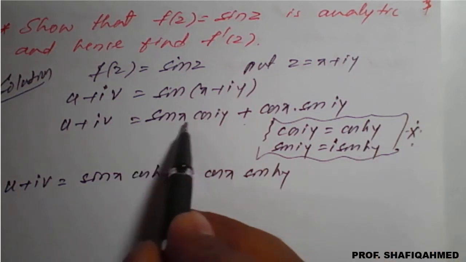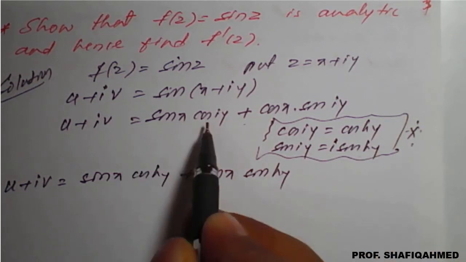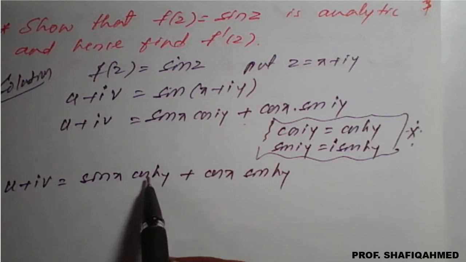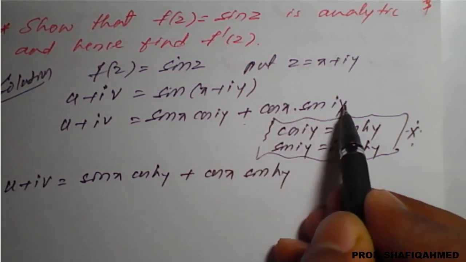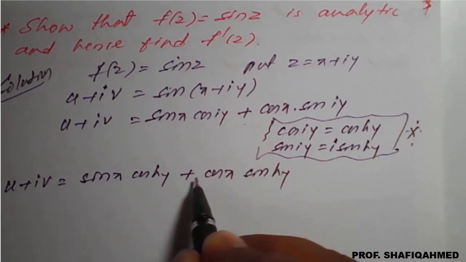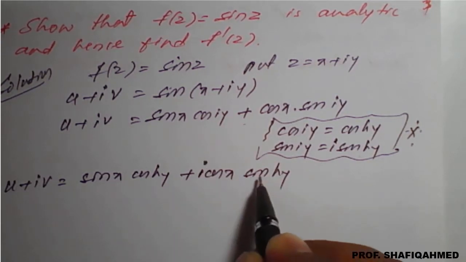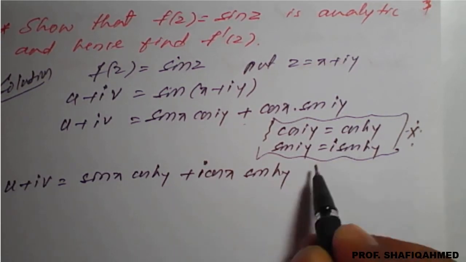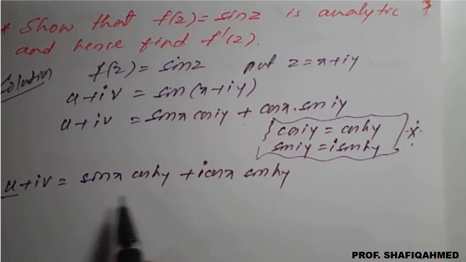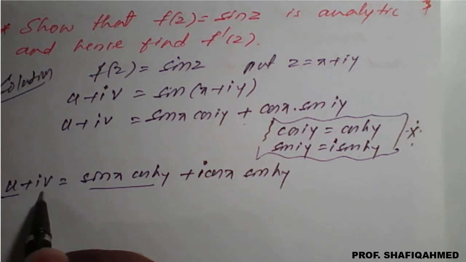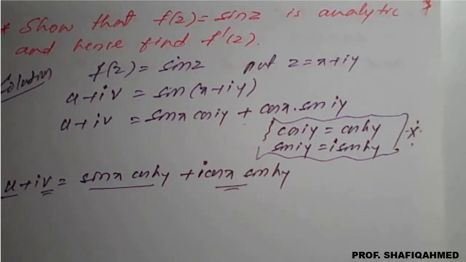So here, on replacement, sin x as it is, cos of iy is cos hyperbolic of y, plus cos x as it is, sin of iy is i times sin hyperbolic of y. This property you have to remember. Therefore you can observe that this is completely real part and this is completely imaginary.